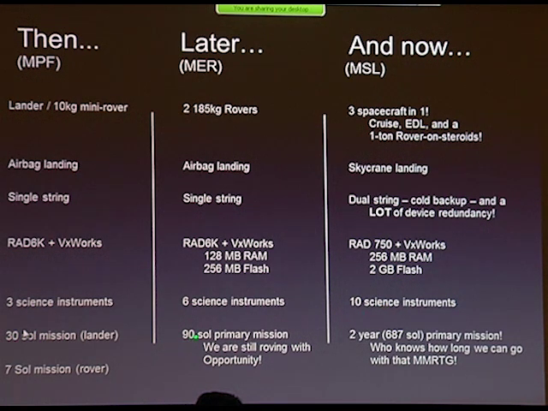A 30-sol mission to a 90-sol mission, although we're still going with Opportunity. Our primary mission is 2 years, but who knows how long we'll be operating on the surface with that RTG on the back. So you can see this is a tremendous increase in complexity from where we were with Pathfinder.